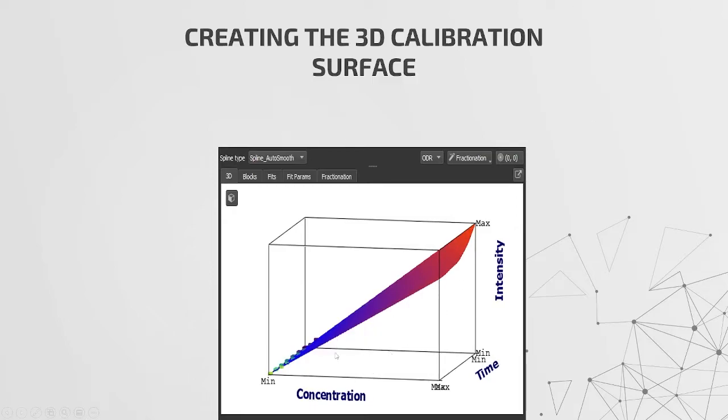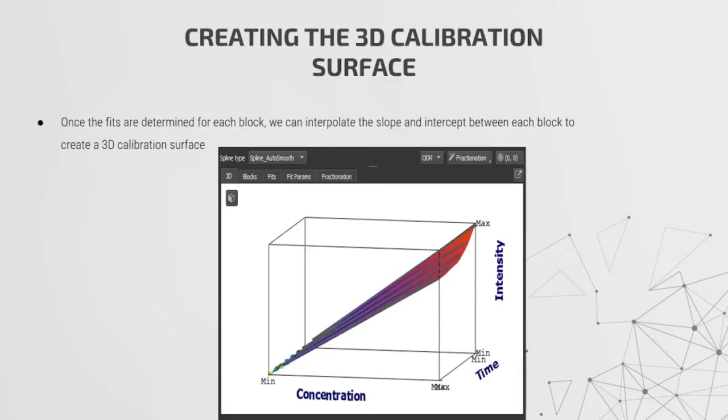If we look at this plot here, we can try to show the different blocks. And I've tried to plot them in by showing these grey lines. Now for each of our blocks, we have a calibration curve which has a gradient and an intercept. And then to create our surface, we just interpolate between those blocks the gradient and the intercept.